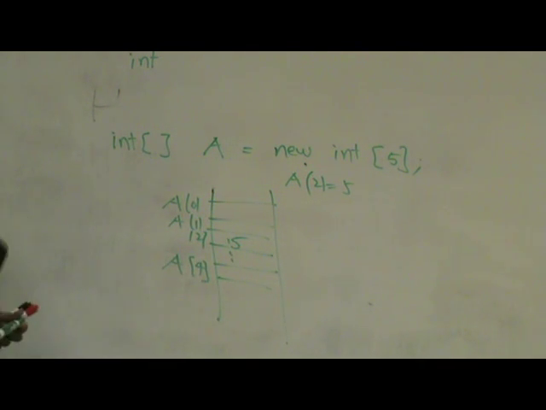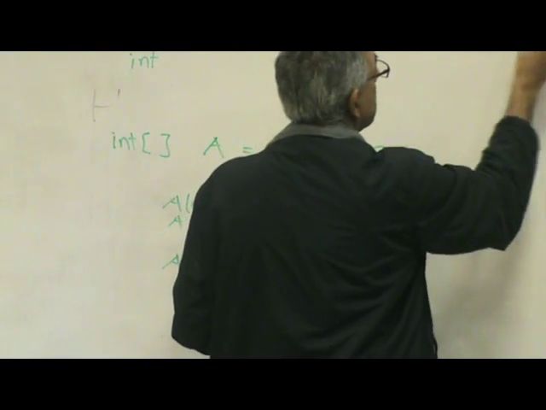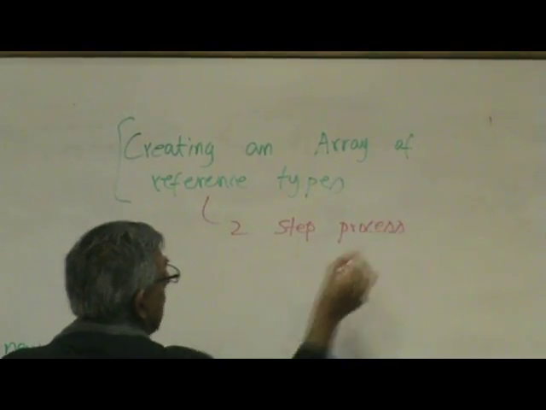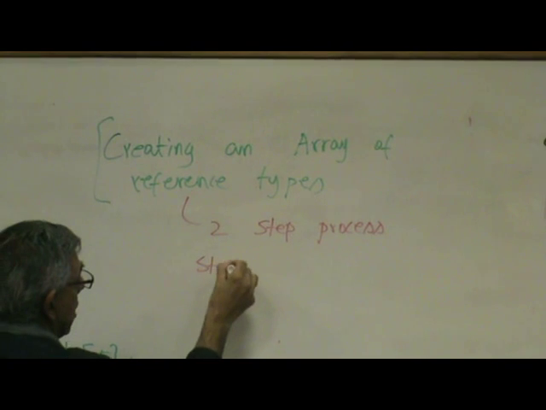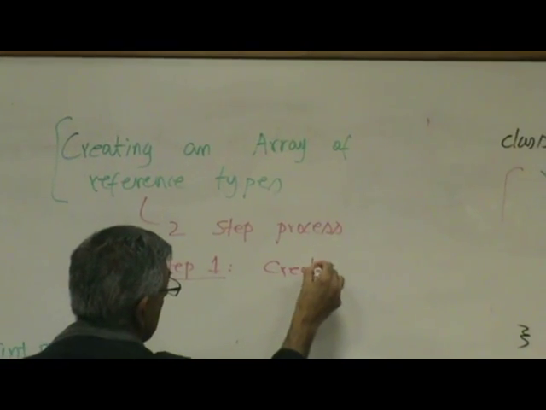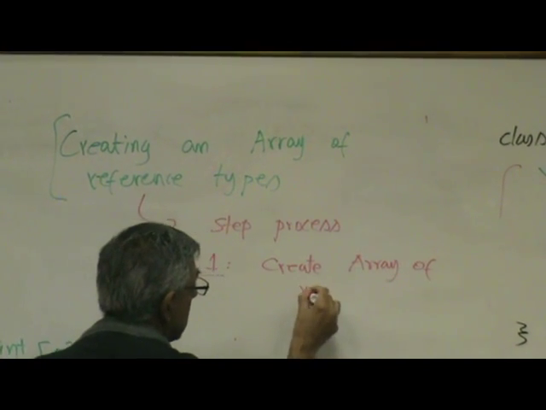Pretty easy. Okay, but if you recall, I had mentioned creating an array of reference types is tricky. It's a two-step process, okay? So this is a two-step process. Step 1 is you have to create an array of references.